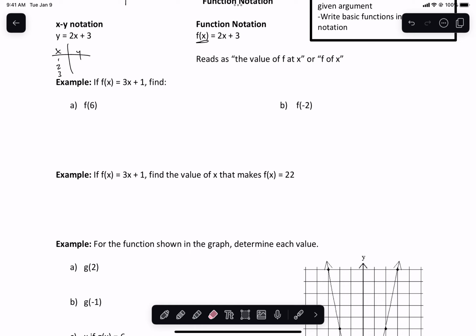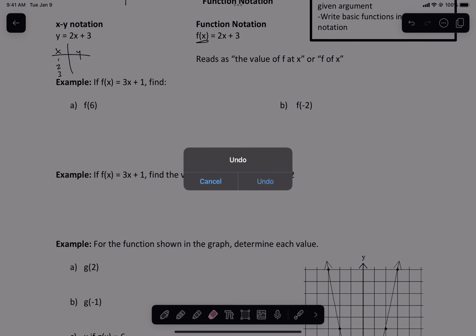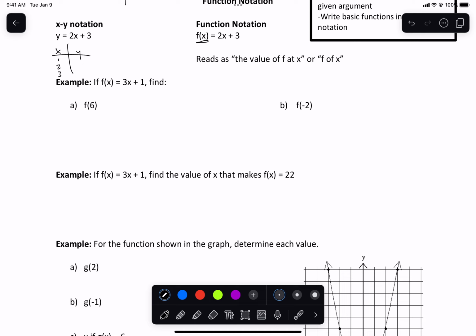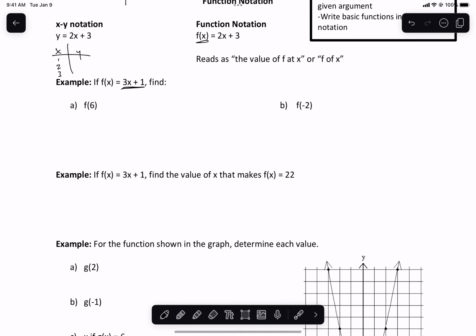Everywhere I see an x in my function, I'm going to replace it with a 6. See that? It's like a table of values, but just for a specific entry.